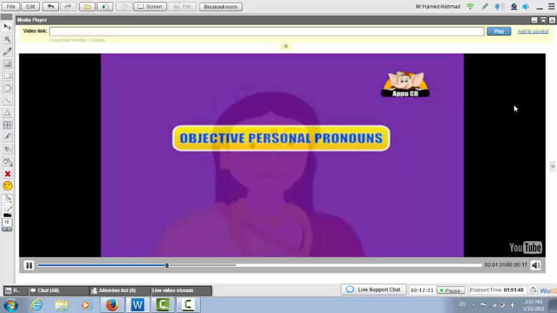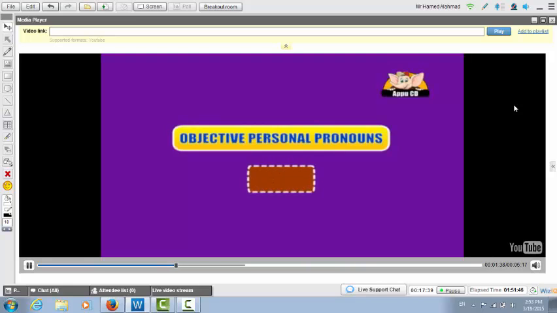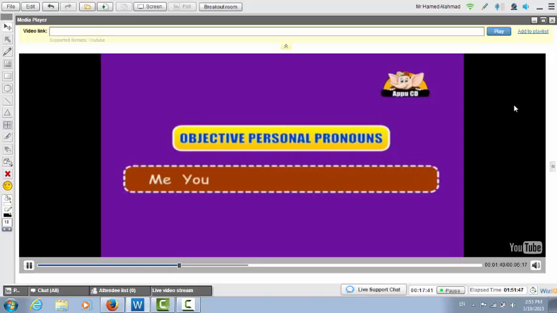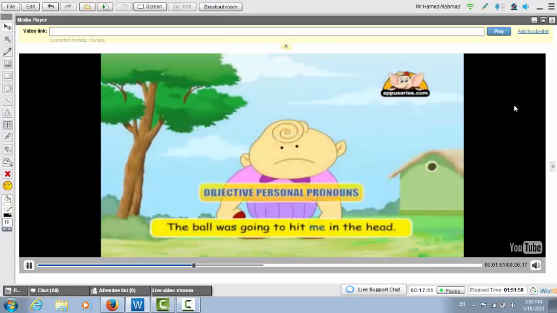Objective personal pronouns. These pronouns act as the object of verbs within sentences. They are me, you, him, her, us, them, and it. Example: the ball was going to hit me in the head.